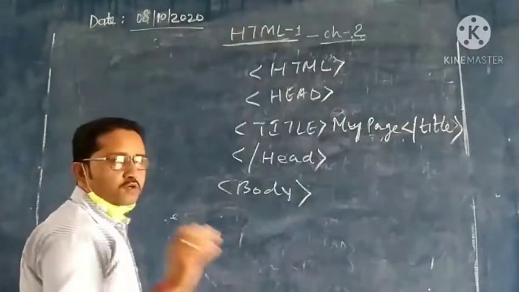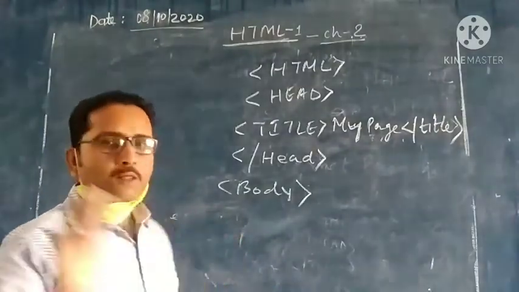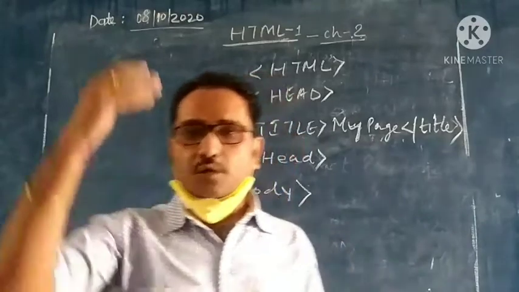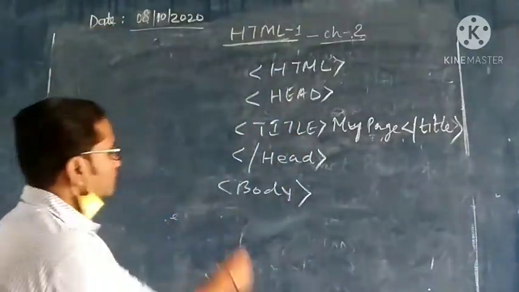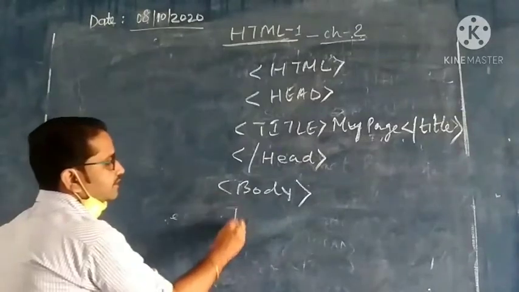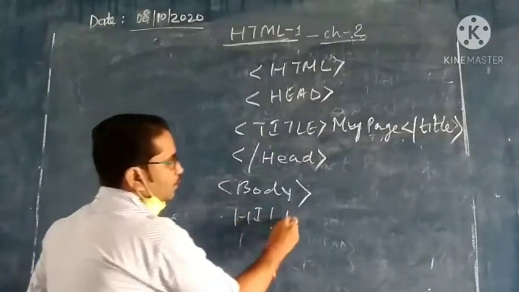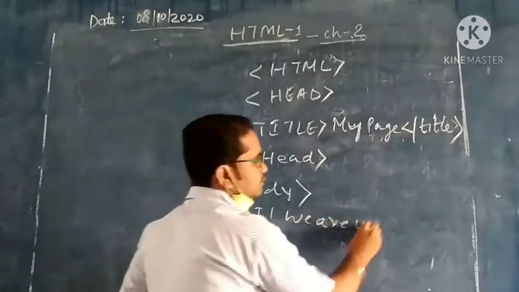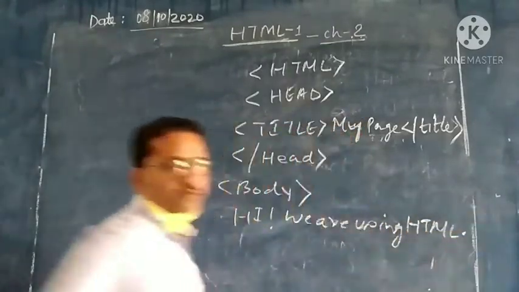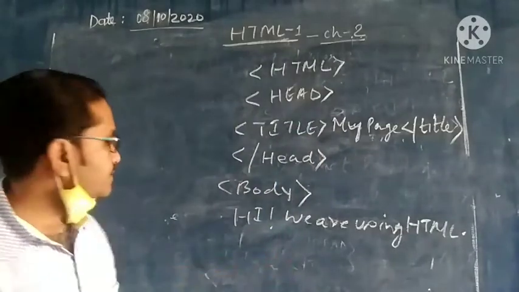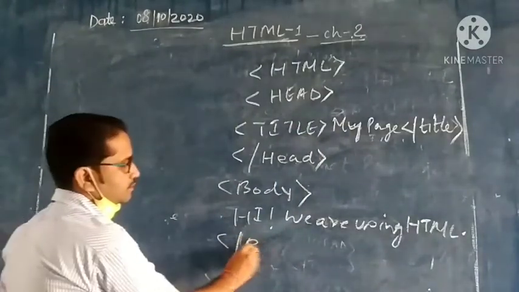So in the body part, the whole web page writing will come. Here I have written just one single line, hi, we are using HTML. The body will be closed.